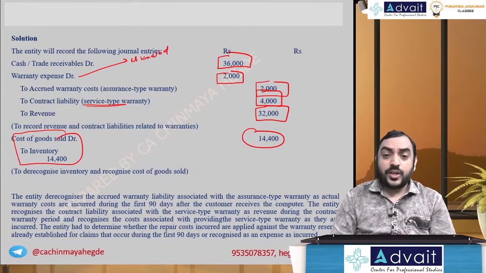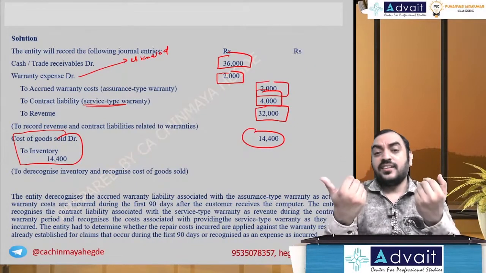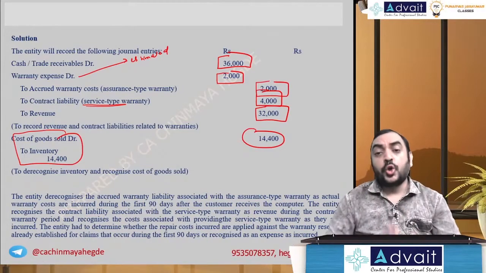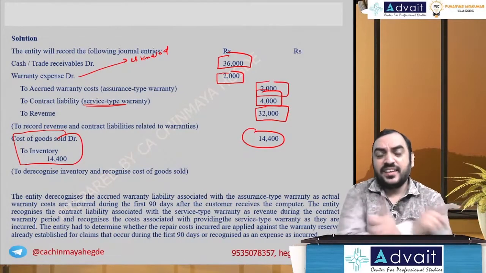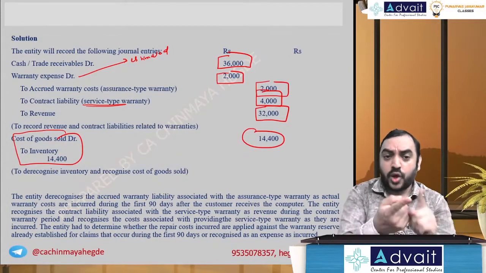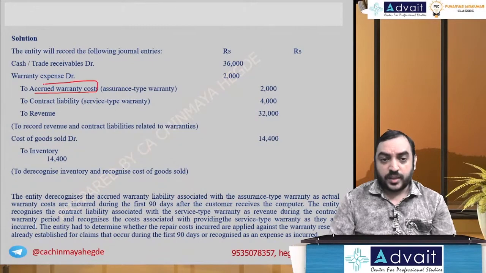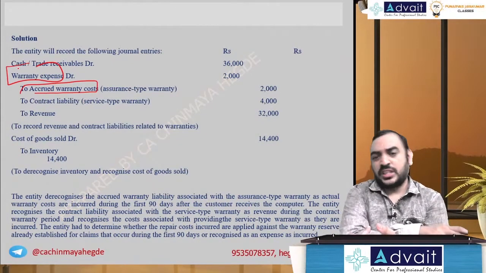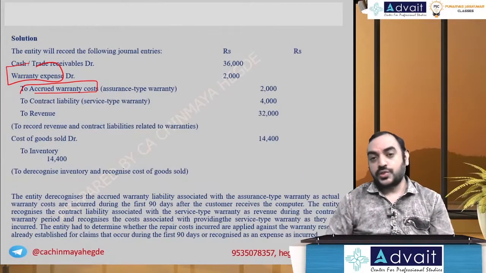Second, you do not incur this warranty. No repair, no replacement, no cost incurred. Then reverse this entry: warranty liability account debit, accrued warranty cost account debit, and warranty expense credit. So this 2000 will get offset, the expense will get closed, the liability will get closed.